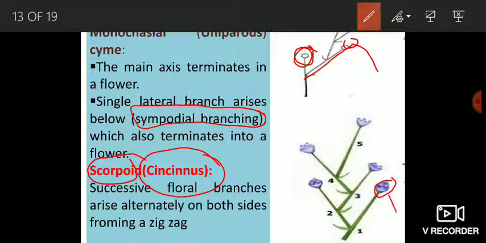It has terminated into a flower, and below this flower a lateral branch arises, the apex of which also terminates into a flower. Then one more branch arises in this direction, and one more in this direction. That means the successive lateral branches arise alternately: the first in this direction, the second in this direction, the third in this direction, and the fourth in this direction. This is known as scorpioid monochasial cyme.